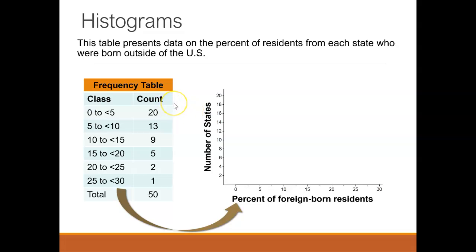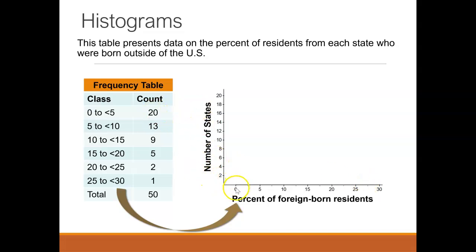Everybody's okay? Now I'm going to build this. I scaled this. I noticed that my biggest count is 20, so I only need to go up to 20. My biggest range is 30, and each range has a width of 5, so going by 5s on the x-axis makes a lot of sense, up to 30. Is everybody okay with how I chose the scales?